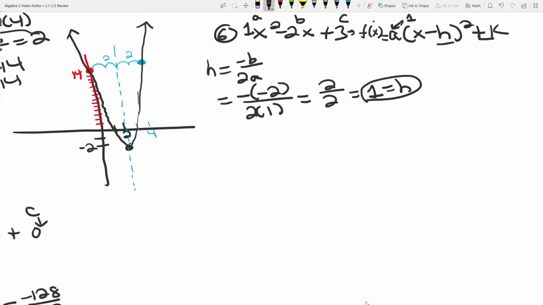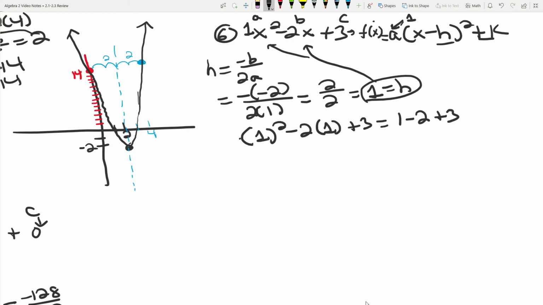Now to find our k, we're going to plug the 1 into the original for x. So 1 squared minus 2 times 1, plus 3. So we got 1 minus 2 plus 3. Negative 1 plus 3 is 2. And this is my k value.